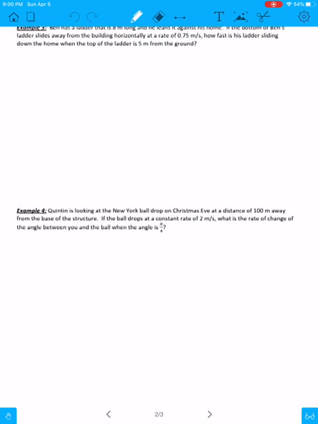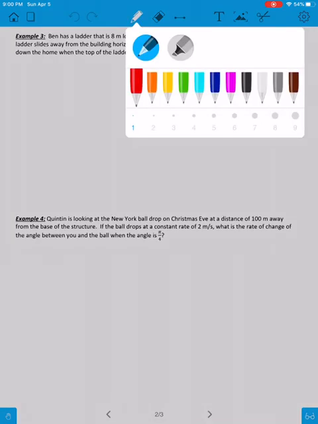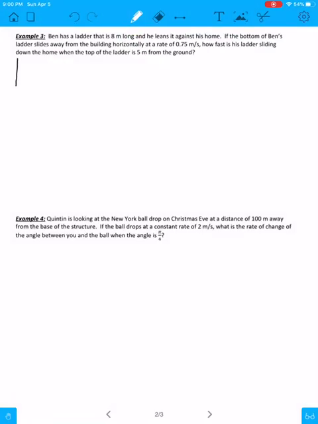Now, Ben has a ladder that is 8 meters long and leans against his home. So I'm going to draw his ladder. Here's his ladder. I'm going to label it as L, 8 meters long. Does a ladder change in length as it's against a building?